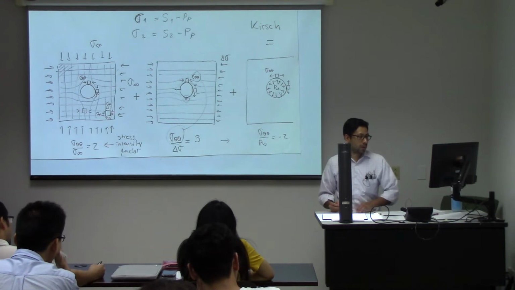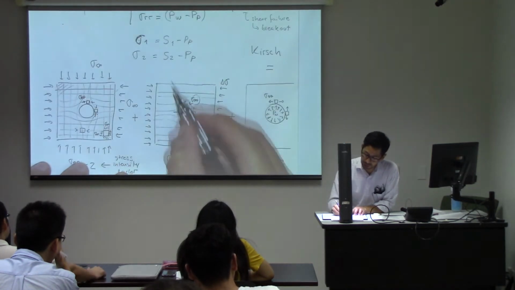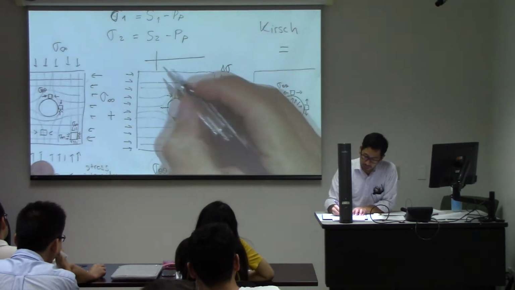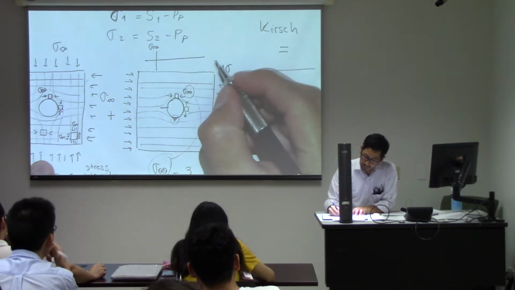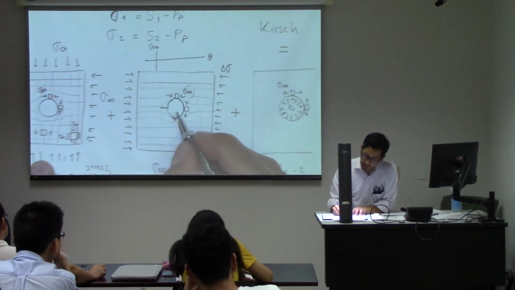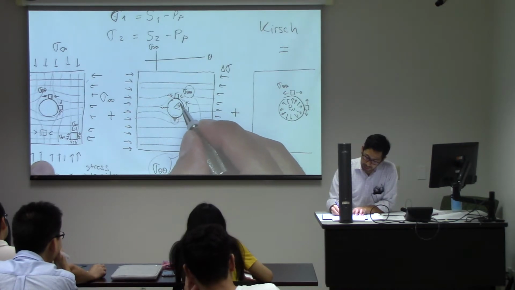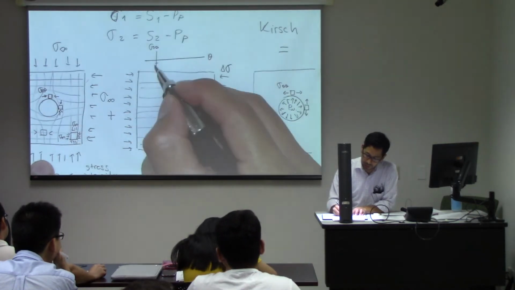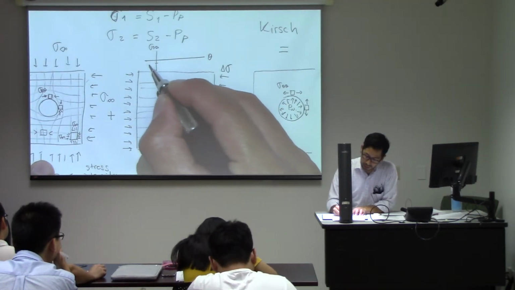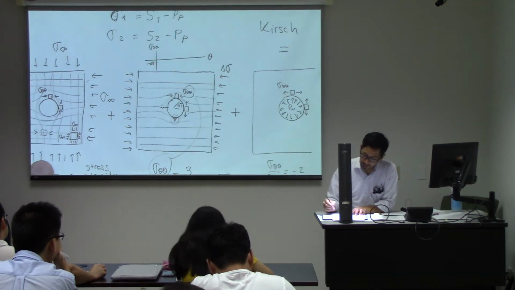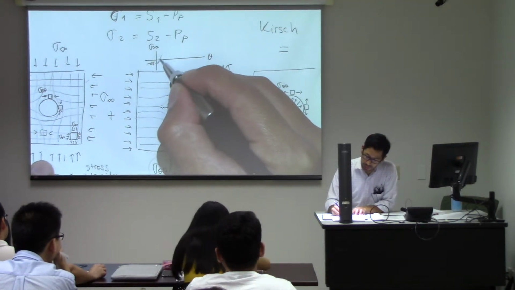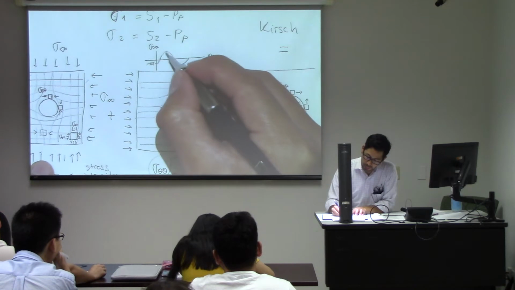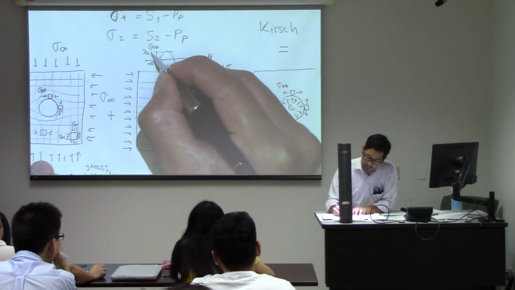Actually, if you find a solution for this one, sigma theta theta, and here you have theta, and you start measuring theta from there, you will find that it starts over here at negative delta sigma, and it goes like a sinusoid up to 3 delta sigmas.